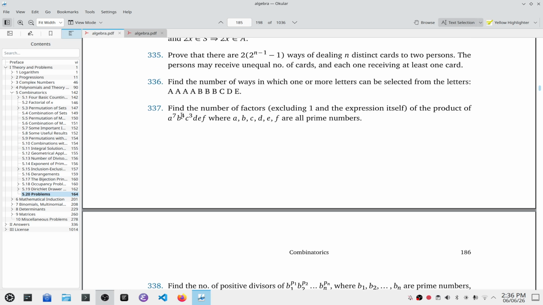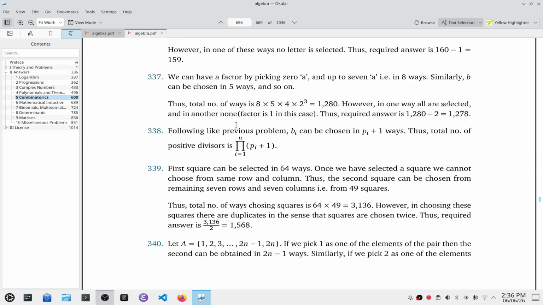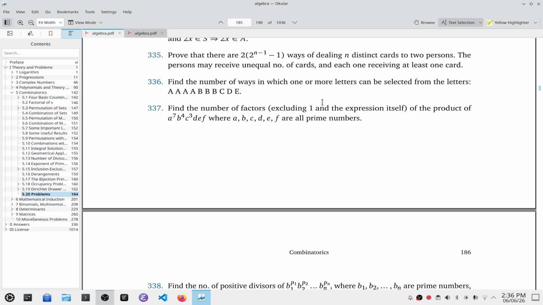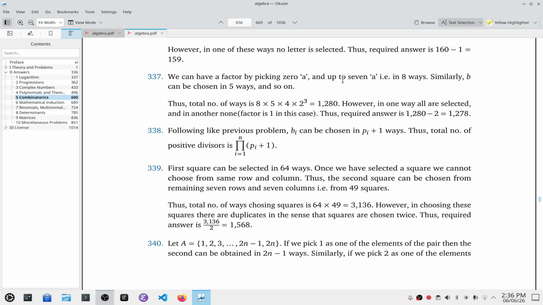Question 337 says that find the number of factors excluding 1 and the expression itself of the product of A to the power 7, B to the power 4, C cube, D, E, F, where A, B, C, D, E, F are all prime numbers. So we can pick the factor by picking 0A's up to 7A, that is in 8 ways. So A to the power 7, so it will be 8 ways.